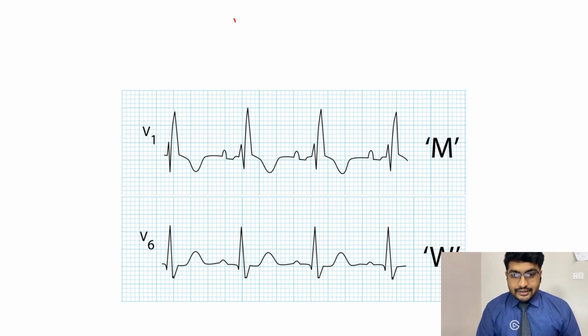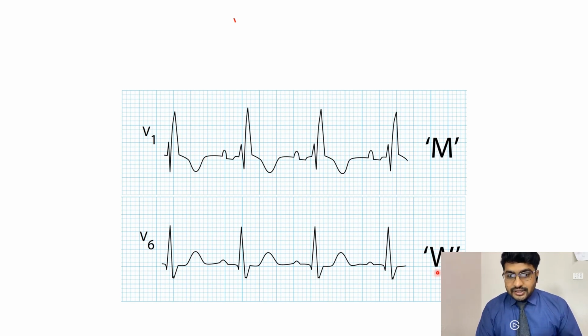This is our R. Initially we see an R wave, then an S wave, then again a large R wave. This is also called the right rabbit ear appearance. So this is our M appearance or RSR pattern or right rabbit ear appearance.